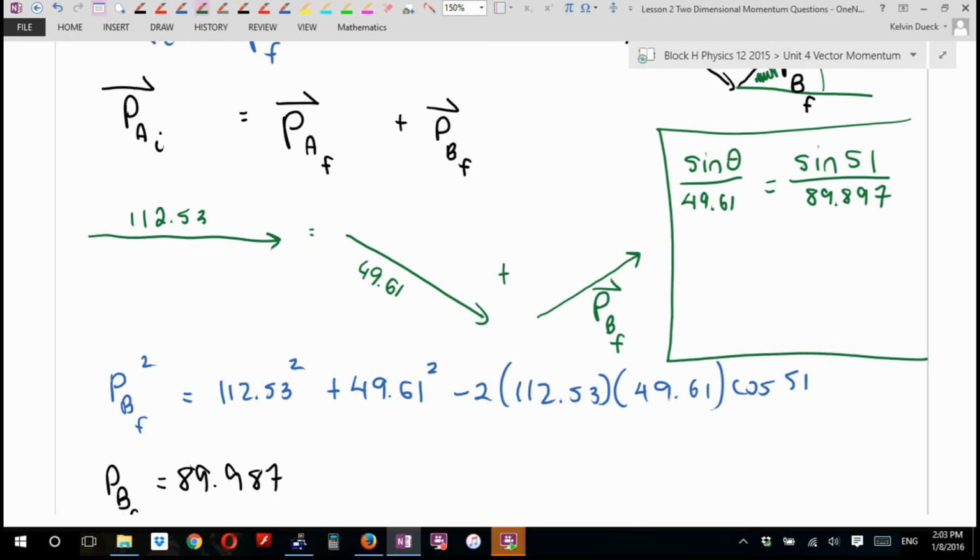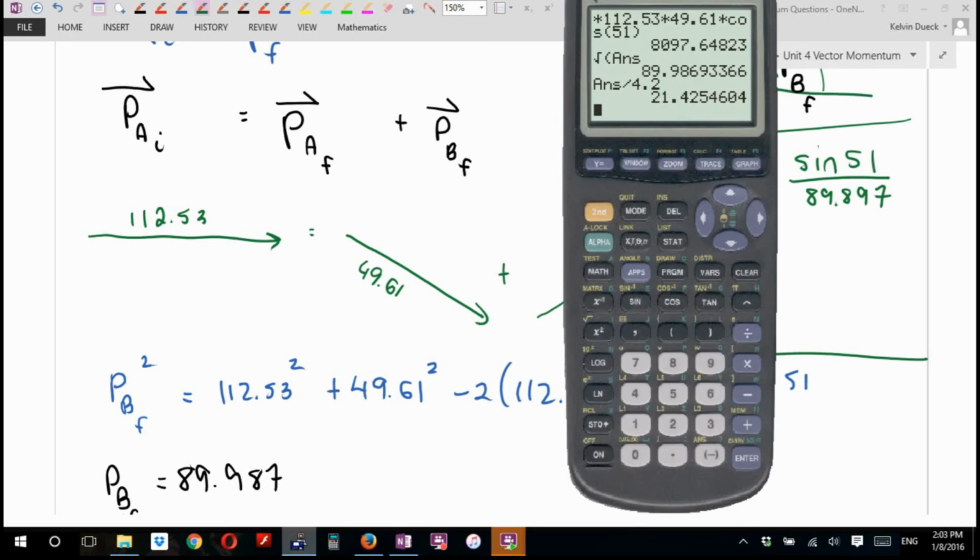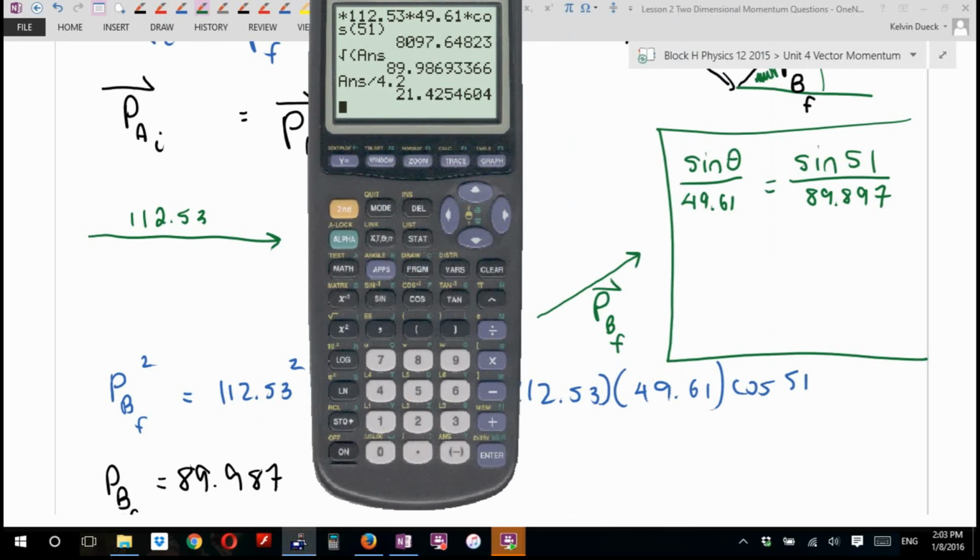Okay. If you want to show that step, you can. If you're comfortable, since we've written out all the numbers, going 49.61 times the sine of 51 divided by 89.897. Isn't what 98?